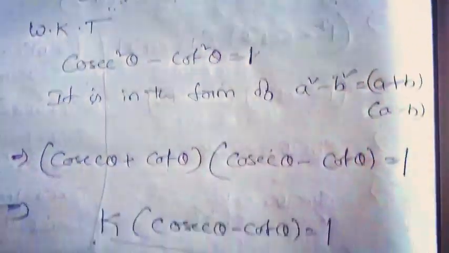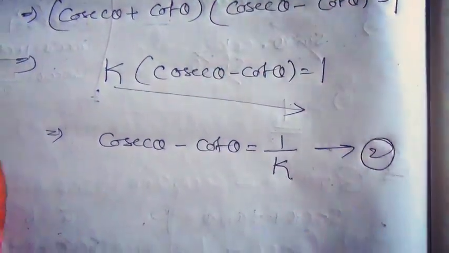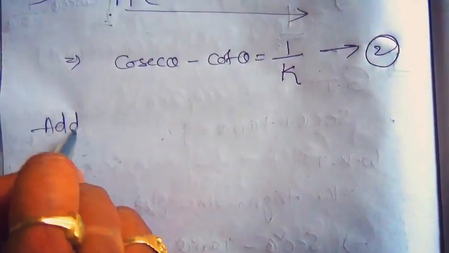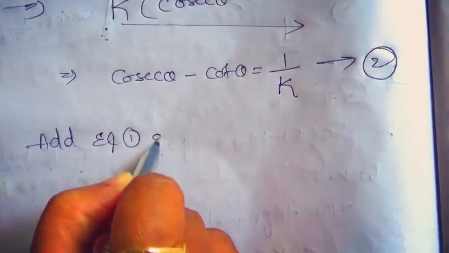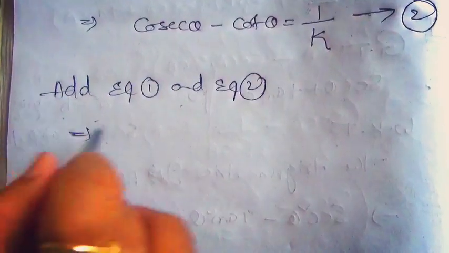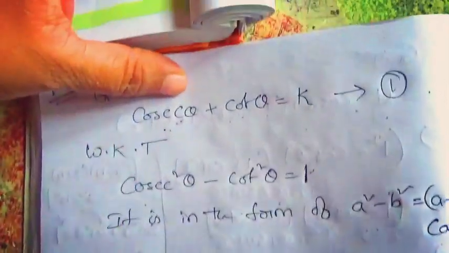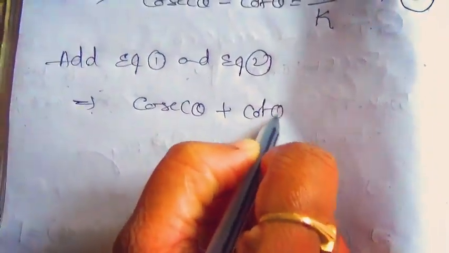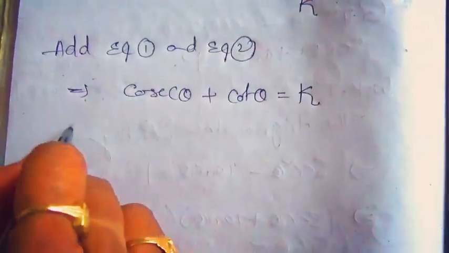Okay, this is equation number 1 and this is equation number 2. You just remember it. Now add equation number 1 and equation number 2. Equation 1 is cosecant theta plus cot theta is equal to k.